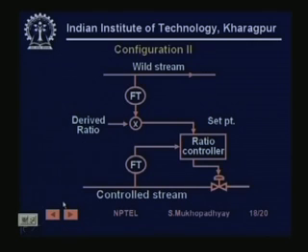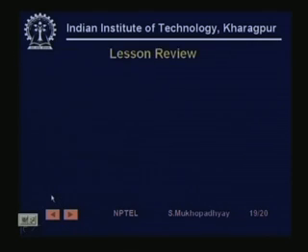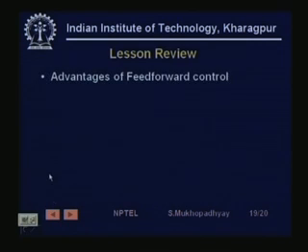So this brings us to the end of this lecture, and let us review this lesson. We first of all looked at a fundamental disadvantage of feedback control, in the sense that it cannot respond immediately to changes in disturbance and is slow to do so.